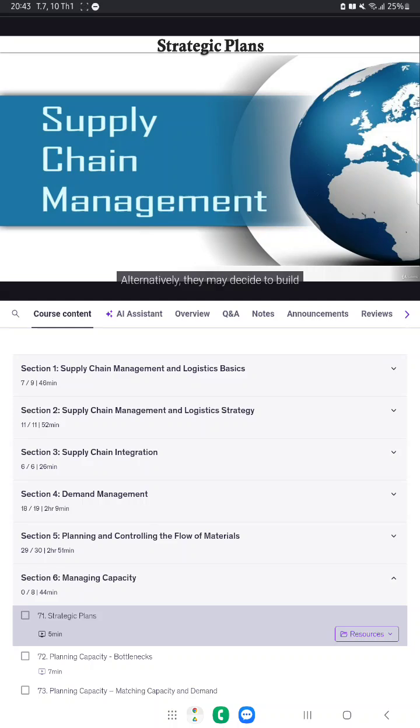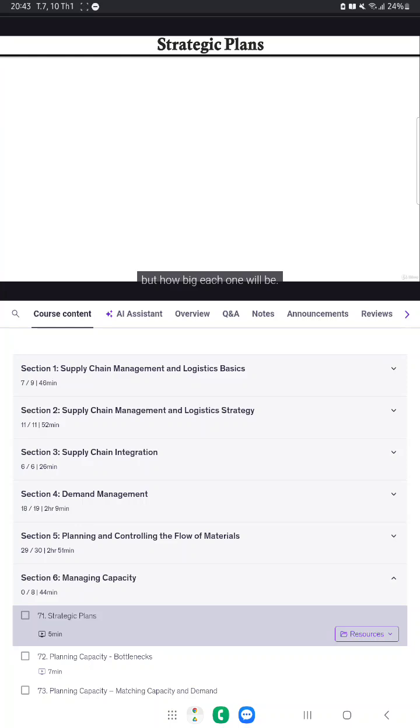Alternatively, they may decide to build a number of local warehouses, and again, they have to decide not only where to put them, but how big each one will be.